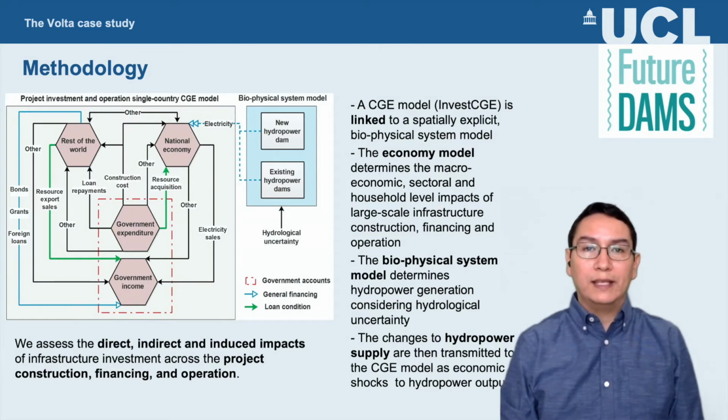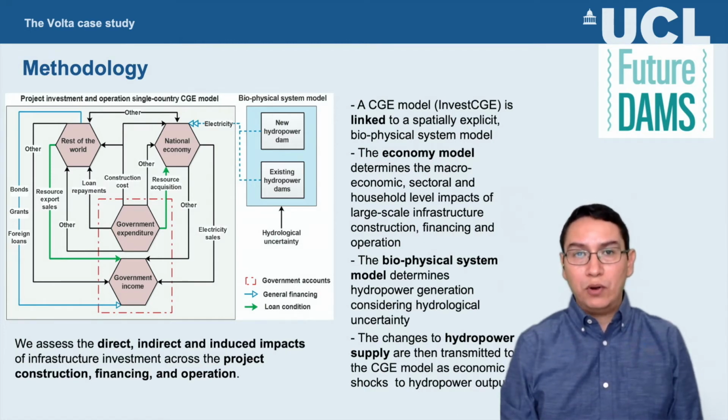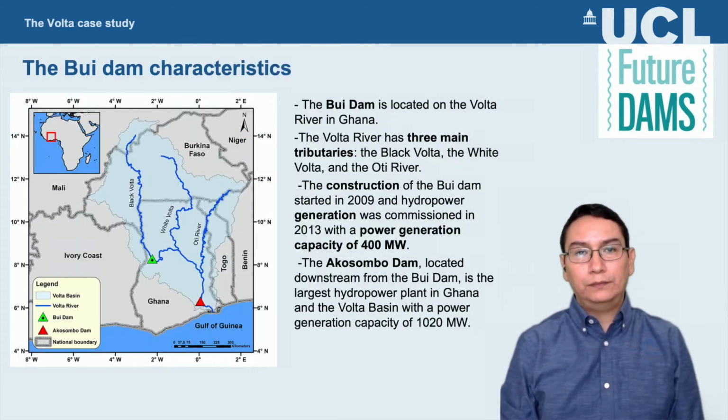While the economy model determines the macroeconomic, sectoral, and household level impacts of large-scale infrastructure projects, the biophysical system model determines the changes in hydropower generation, considering hydrological uncertainty. These changes in hydropower generation are then transmitted to the CGE model as economic shocks to hydropower output.